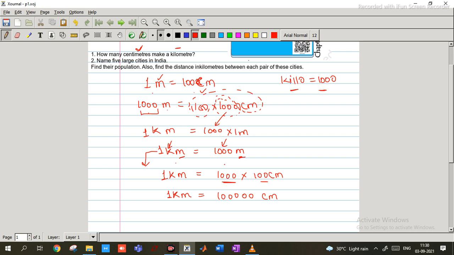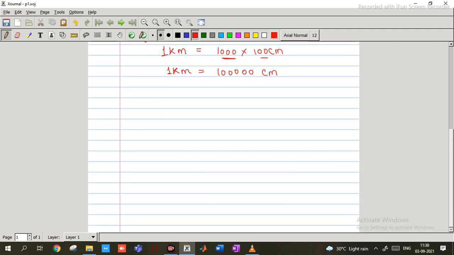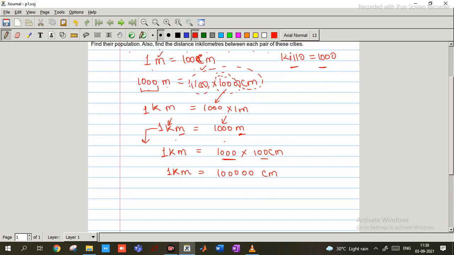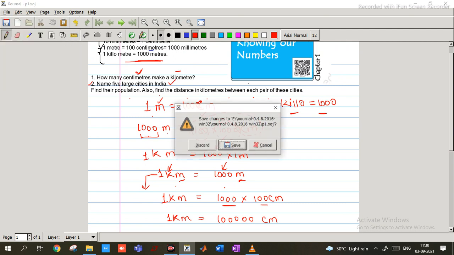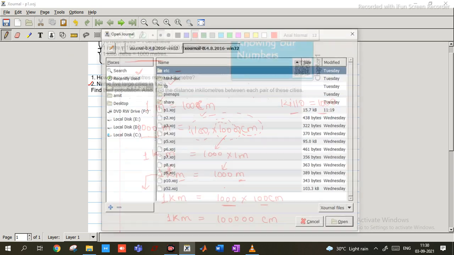Now his next question is: name 5 large cities in India, find their population, and also find the distance in kilometers between each pair of the cities. This is something you should know, like which are the 5 major cities of India.